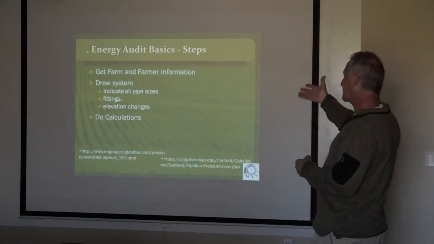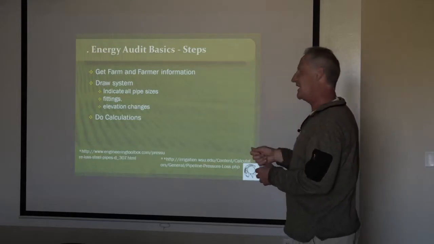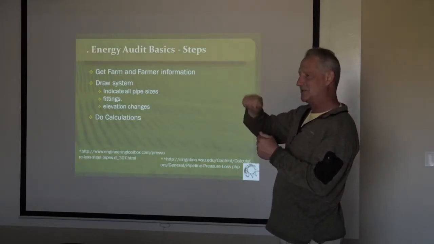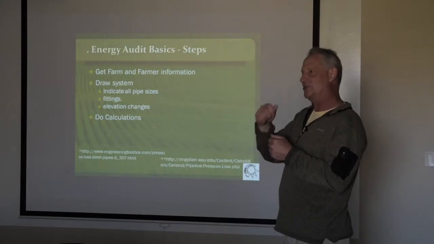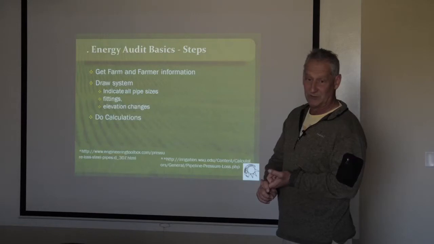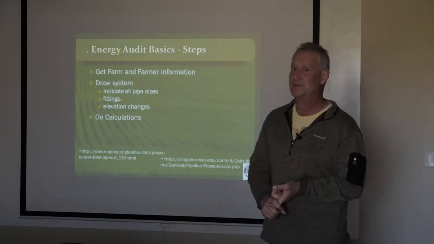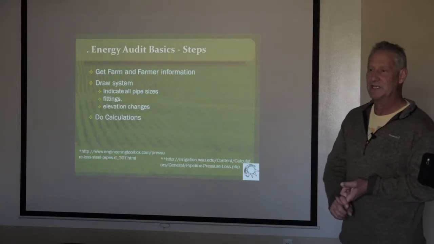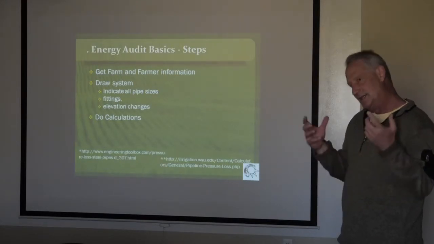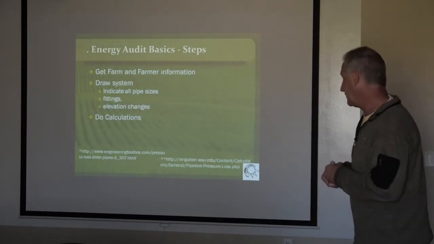So draw the system, sketch it out. This is very simple, and you have to be more detailed than this, okay? You have to say this is an 8-inch pipe, and you have to estimate the wall thickness. We don't know the wall thickness for sure of the pipes, and that makes a big difference in the flow meter reading. So if the guy knows the pipe, or has records, then you can go by that.